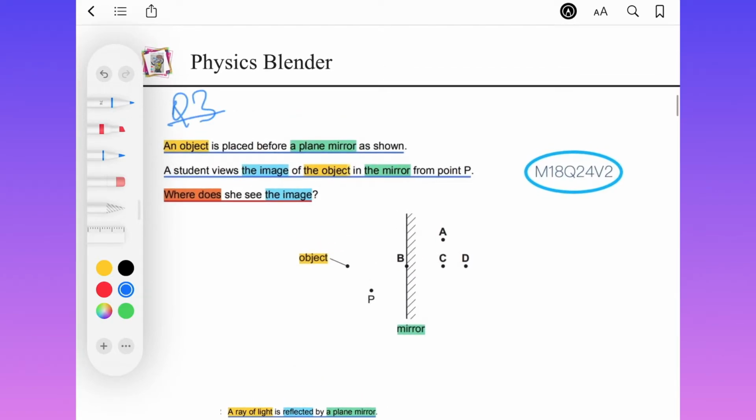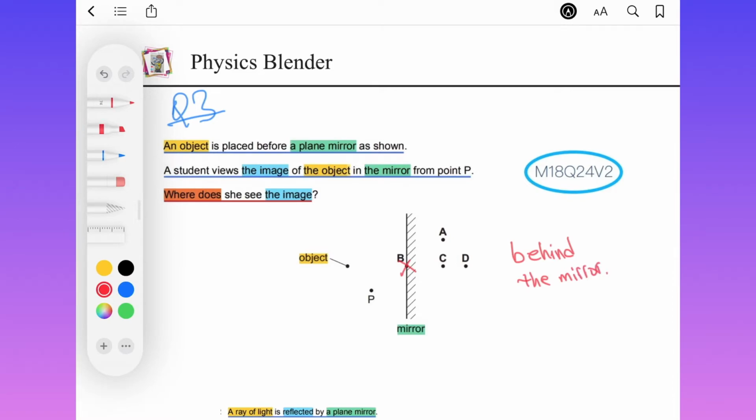You have here an object placed, and it is asking you also about where the image is located. Number 1, you have to exclude B. Why is B incorrect? Because the image is formed behind the mirror, here behind the mirror at equal distance. It's not formed on the surface of the mirror.